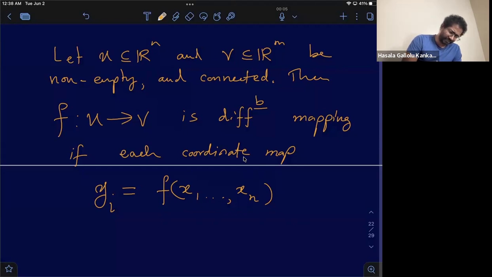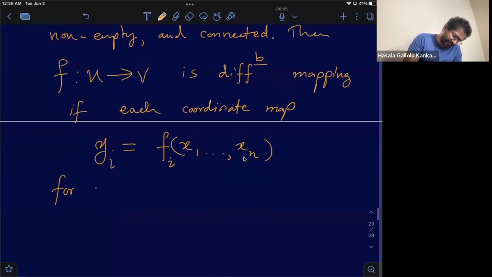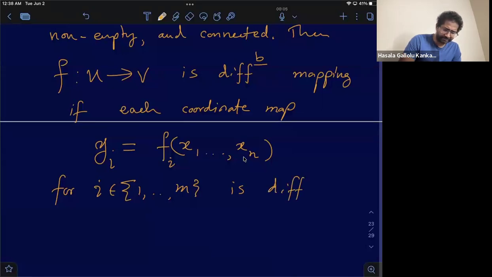You can call this fi also, each image, for i coming from the collection of 1 up to m. So this is differentiable up to the relevant order.